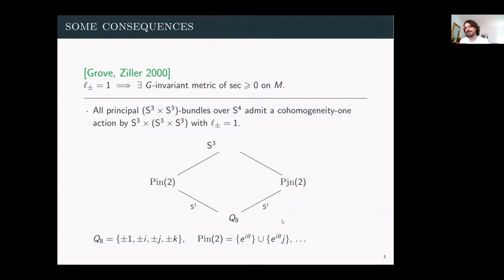Pin 2 is a one-dimensional compact Lie group consisting of two components. The identity component is the circle in the complex plane, and the second component is the image of this circle under multiplication by j. And Pin 2, this is just a suggestive notation. So this is really just saying switch the roles of i and j in this group. So it's really just another copy of Pin 2 inside the group.